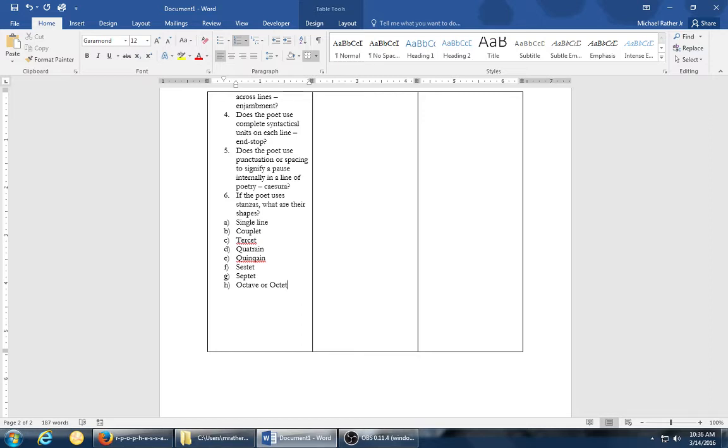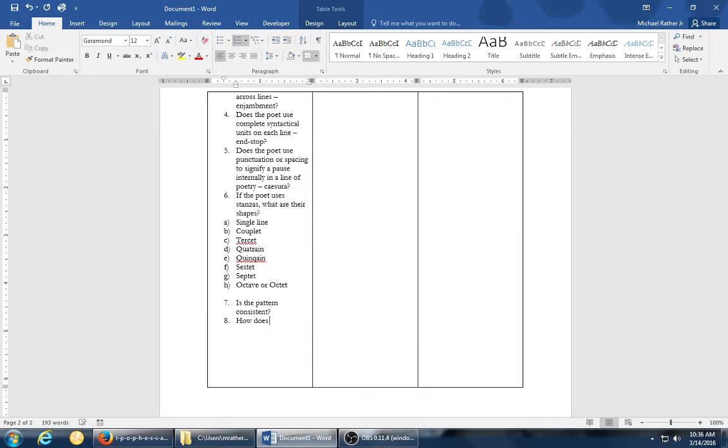And then you would ask questions like, is the pattern consistent? How does the pattern reflect the content or central concerns of the poem? What is dictating this organization?